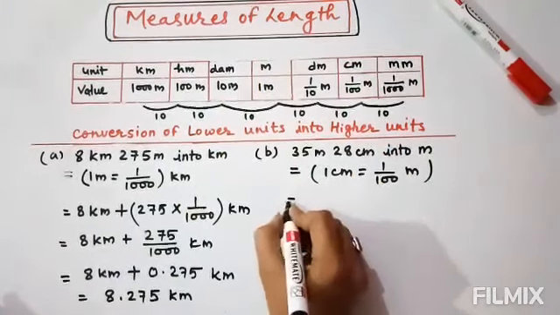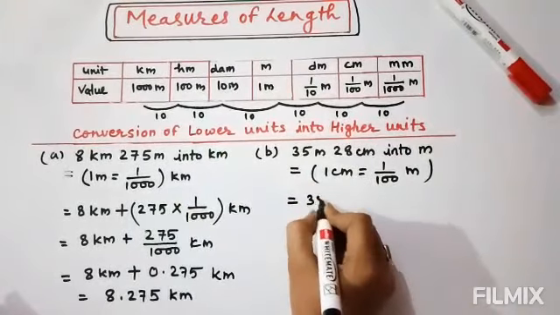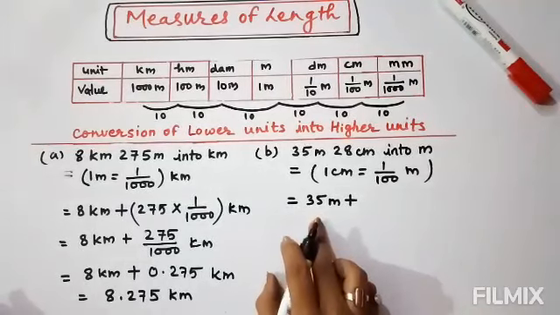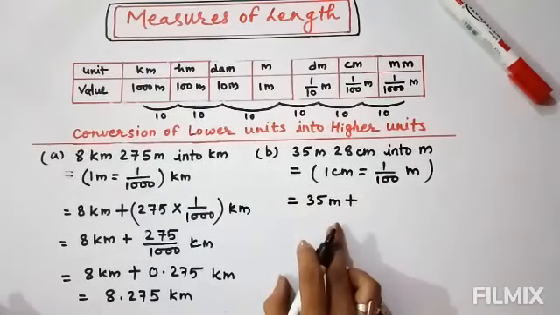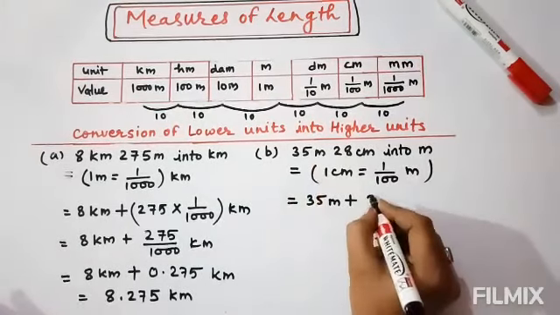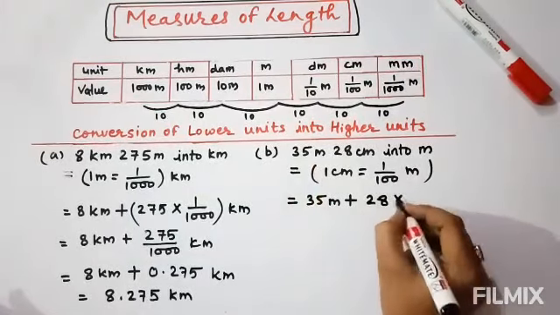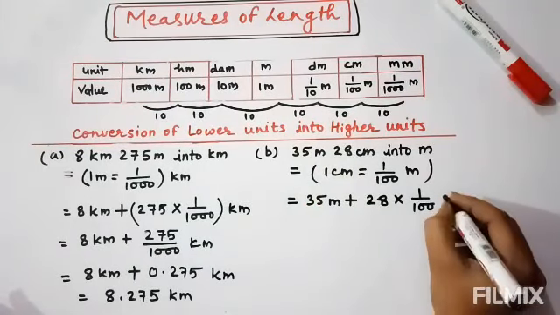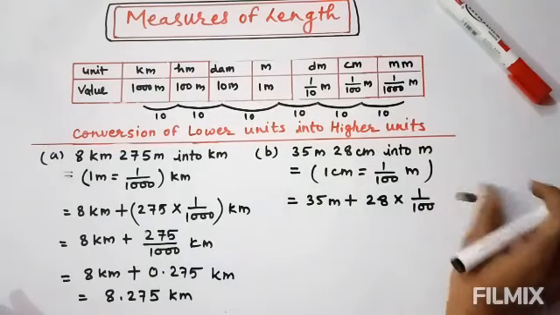So 35 meter plus, we will do the same thing: meter is already given in meter form, so we will add it, and we will convert centimeter into meter. 28 multiplied by 1 upon 100 meter.